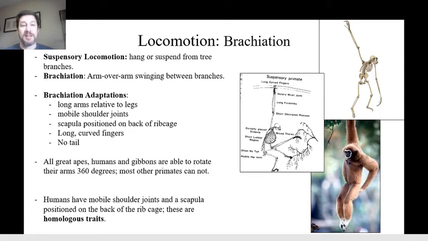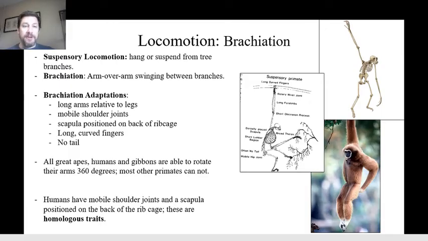So one thing we emphasized in human anatomy is that our scapula is all the way on the back of our rib cage, and that's actually unusual. When you look at most mammals, their scapula are actually on the sides, right? So like a dog's scapula is on the side of his rib cage. That's why his arm sticks straight out to the front or to the bottom, and why he's not able to rotate his arm to the side.